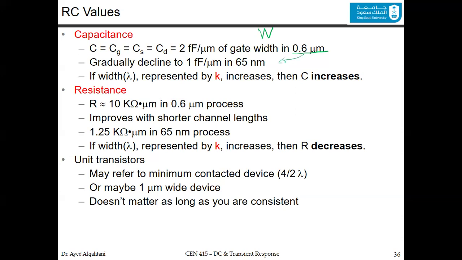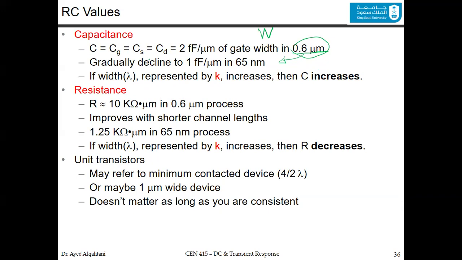If you have the next generation, both of them are old, but this is actually older. This is a 65 nanometer. It has 1 femtofarad per micrometer. Now, the width is the critical component that we need to calculate. If the width given in lambda is represented by the letter K, and you find out what this width is for every transistor, then if this width increases, the capacitance also increases.